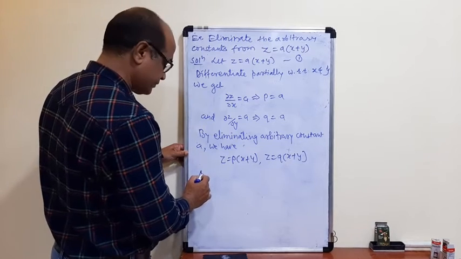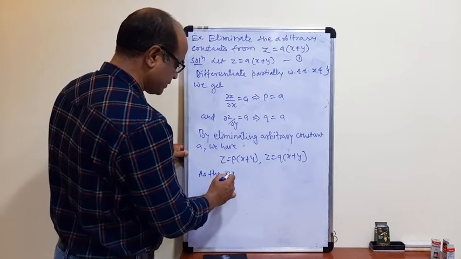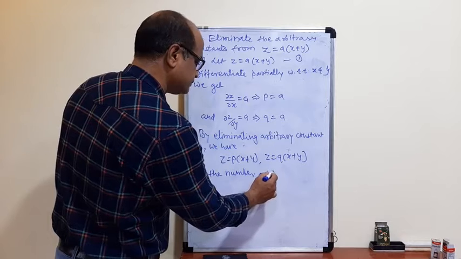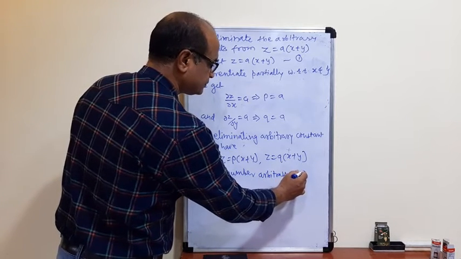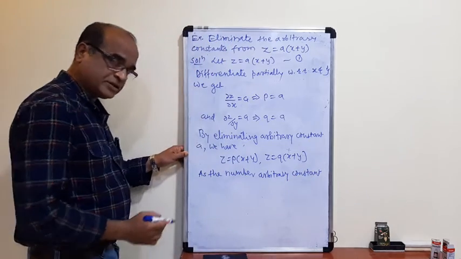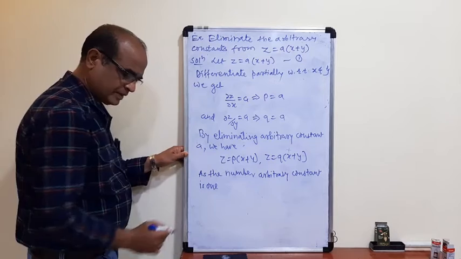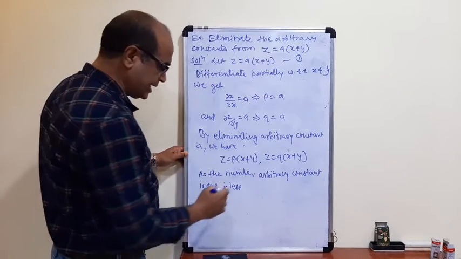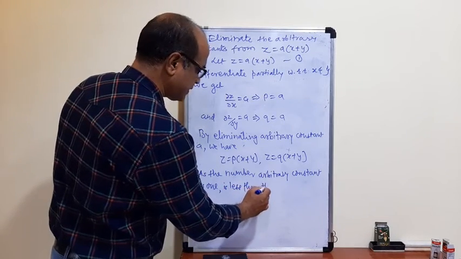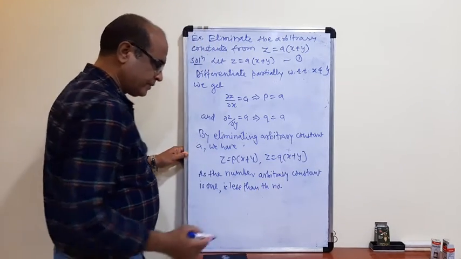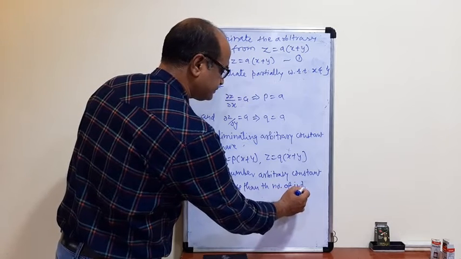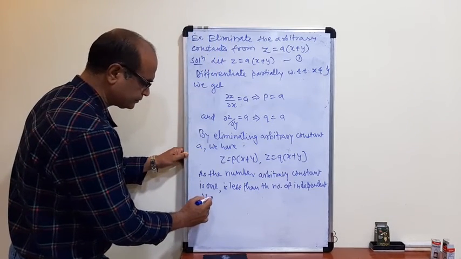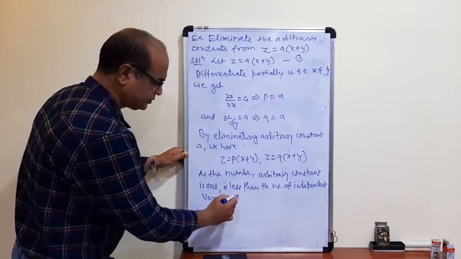As the number of arbitrary constants, which is only one, that is a, is less than the number of independent variables, that is 2.